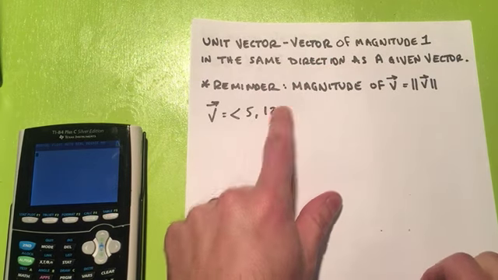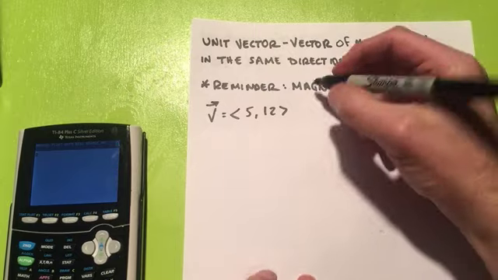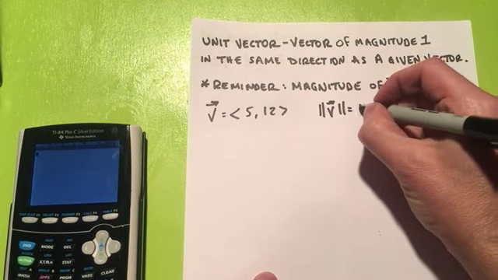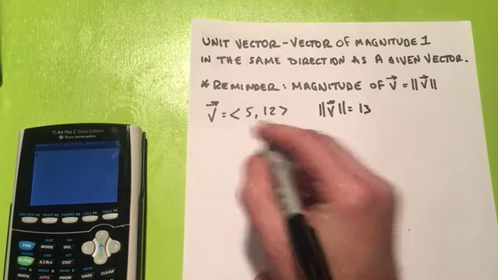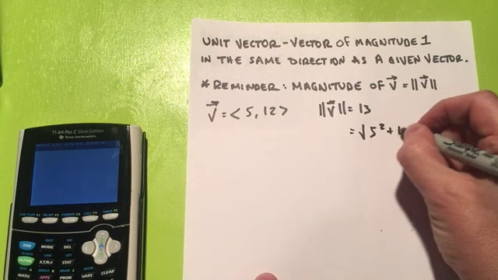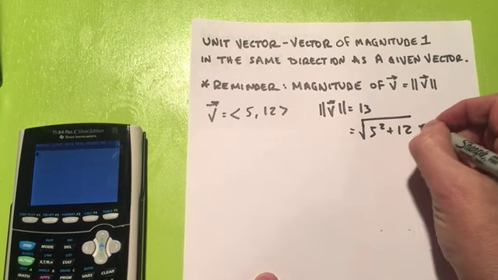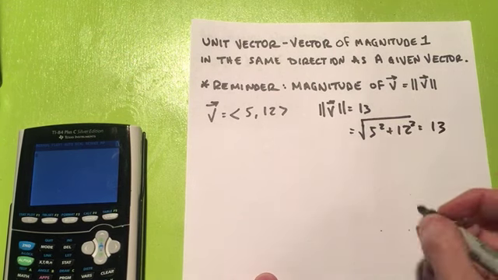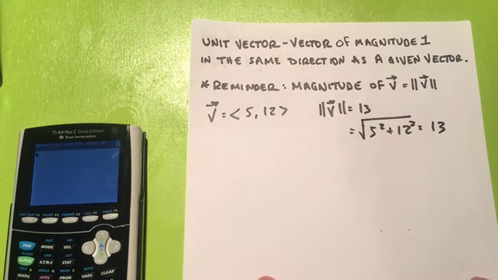So horizontally we're moving 5, vertically we're moving 12. We know that the magnitude of this is 13. We know that based upon the Pythagorean theorem. We've got a square root of 5 squared plus 12 squared. It's a square root of 169. We've got 13. So the magnitude of this is 13.